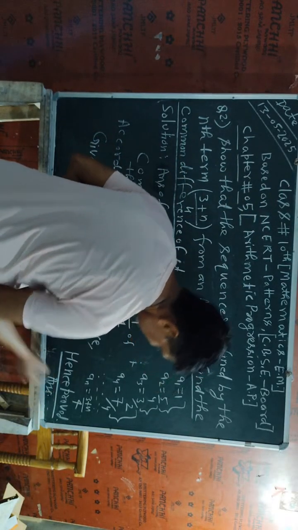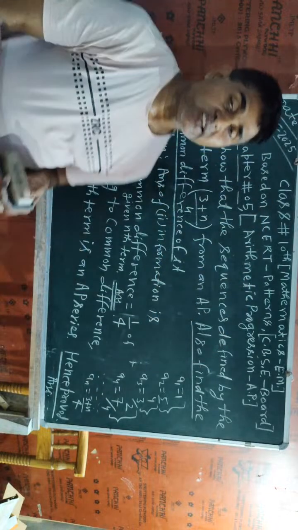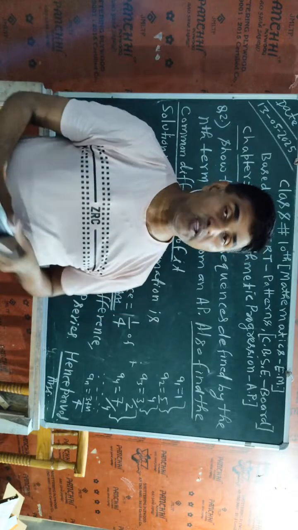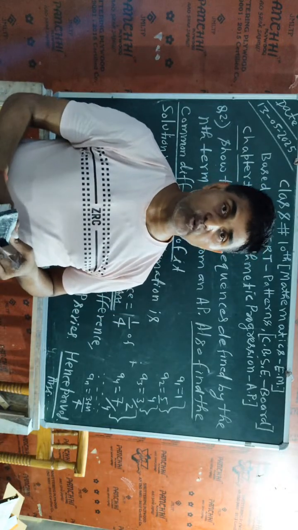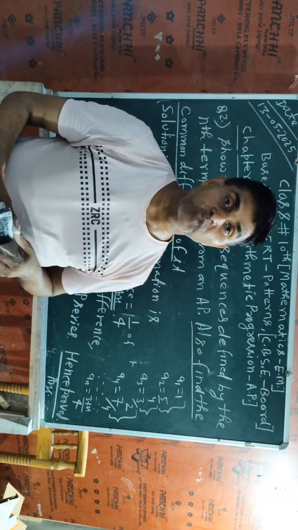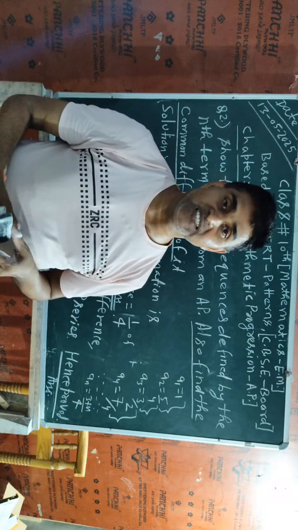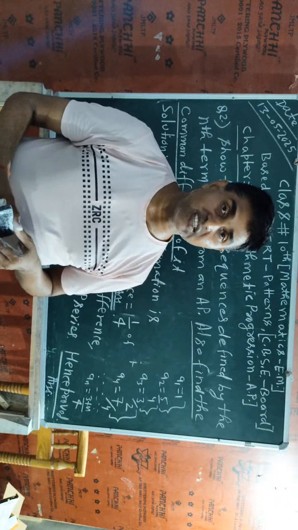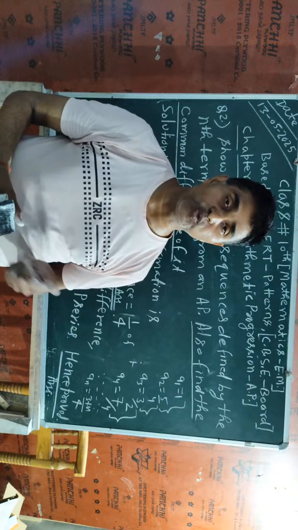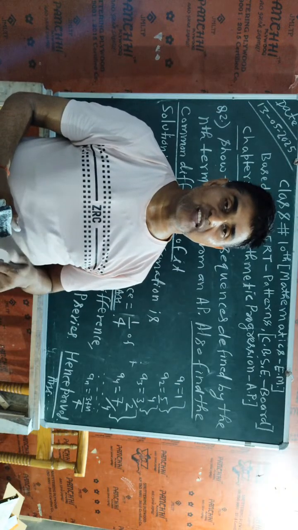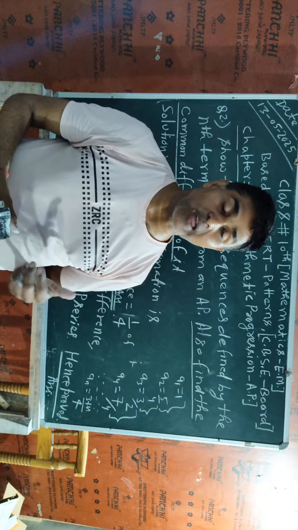Okay students, so there are two types of questions that can be asked in your exam, and this question can be asked in the CBSE board or UP board, and the solution can be given like this. First of all, if any series is given, you have to find the common difference of that series. So the first term you assign as A1, the second term A2, the third term A3, the fourth term A4, and so on.